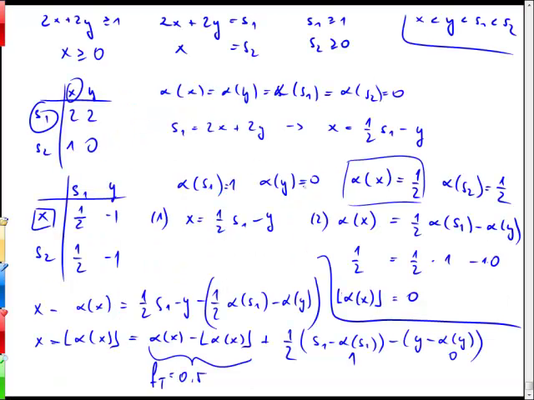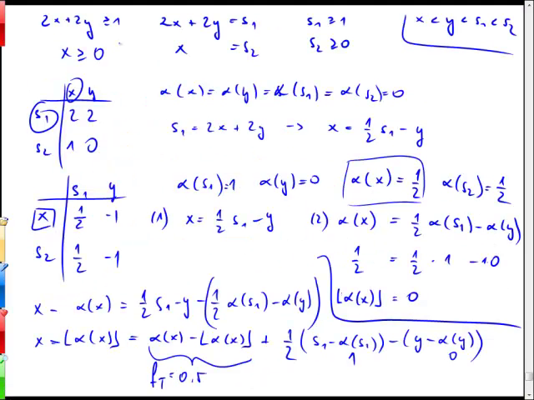So, we collect, I write it to a new slide. We have 0.5, this is our ft, plus, and this term is 0, so I have 1/2 S1 minus 1. Oh sorry, and this I have to bring to the left because this is my original variable.